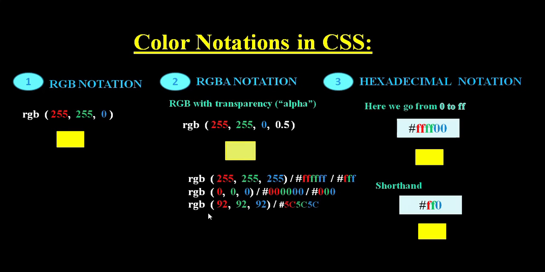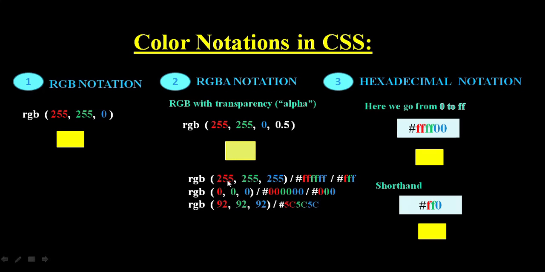For example, if we consider RGB 92, 92, 92, this has the same intensity values for RGB. For the same intensity values within the parentheses, we get different intensity gray colors. This is represented in hexadecimal as 5C, 5C, 5C. This 5C is nothing but the hexadecimal value of 92. In this way we can represent the hexadecimal notations.